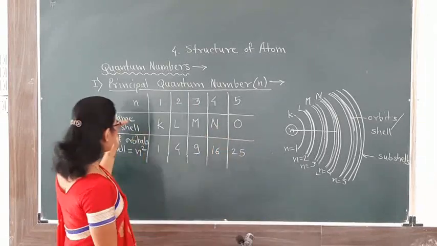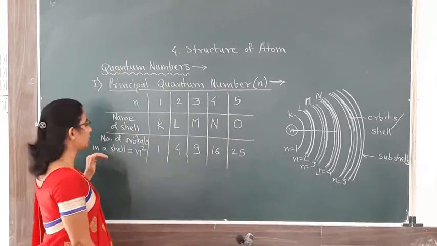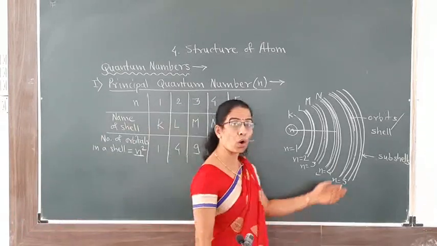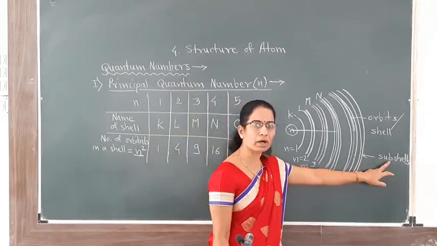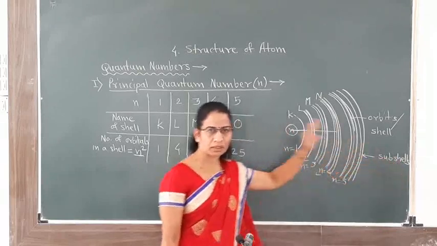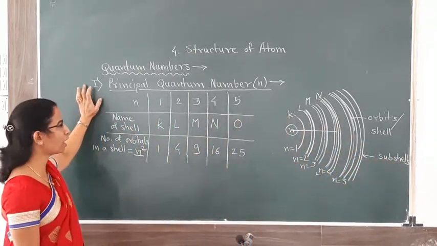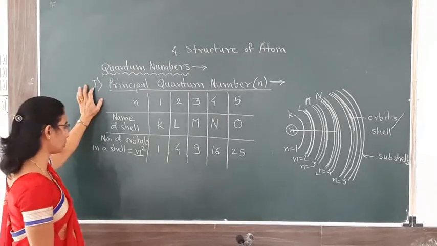Here with the help of the principal quantum number, you will get the idea about the number of orbitals and not about the subshells. The subshells are given by the second quantum number named the azimuthal quantum number.